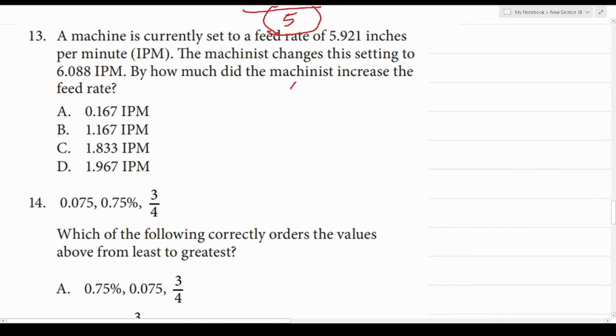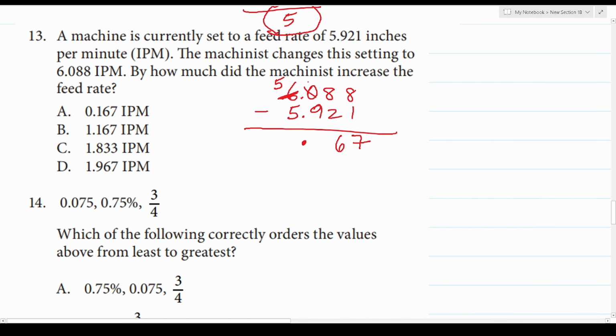Specifically, we're going to take 6.088 and subtract 5.921. As we did when we added decimals, we're going to take this decimal and just drop it down in place. And now we're just going to work this out like normal subtraction. 8 minus 1 is 7. 8 minus 2 is 6. 0 minus 9 we can't do, so we have to come over here and borrow.